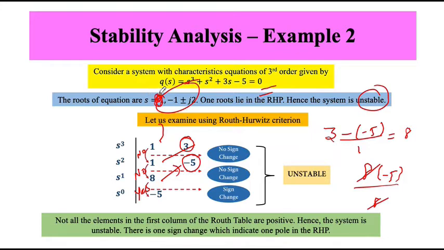There is one sign change, so one pole in the right half plane. This is what the statement tells you. So not all elements in the first column of the Routh table are positive, hence the system is unstable. There is one sign change which indicates one pole in the right half plane.